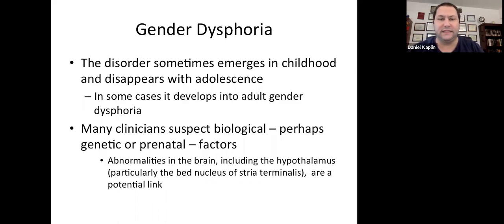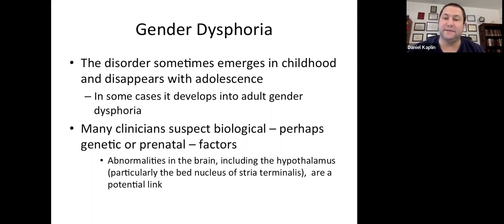So, as I mentioned, this disorder can emerge in childhood and disappear in adolescence, but in other cases, it can continue into adult gender dysphoria. And there are discussions as to what's the source of this gender dysphoria.